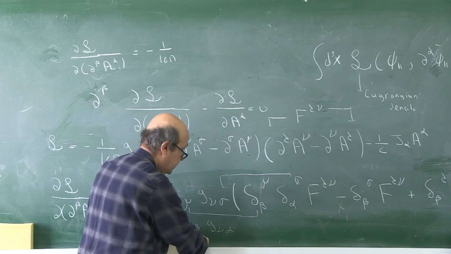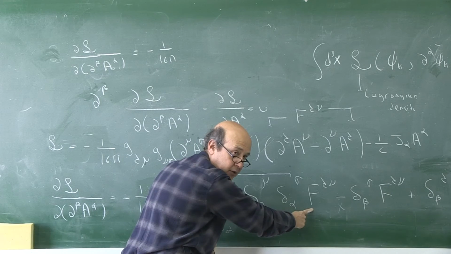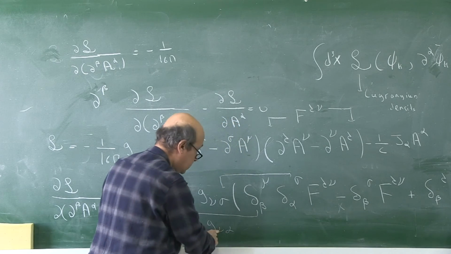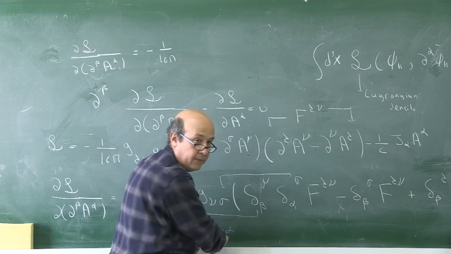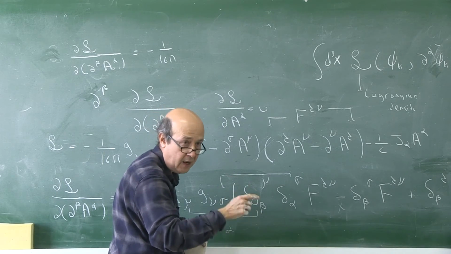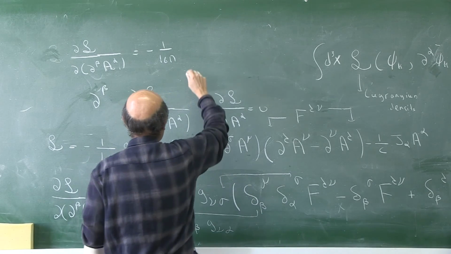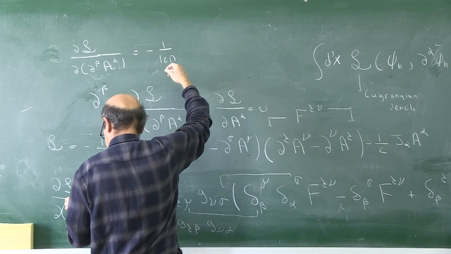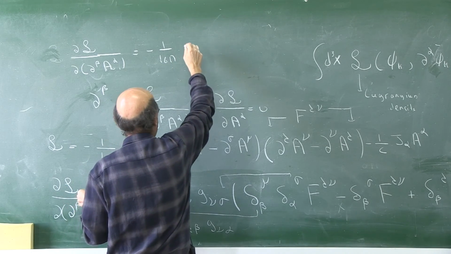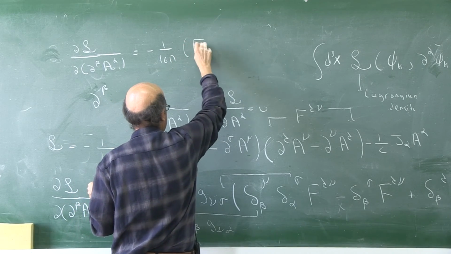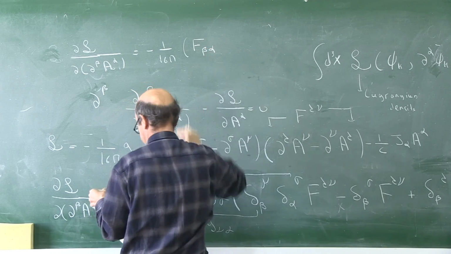Contract this one, that will be the f beta in the downstairs index, and contract mu and mu, that will be f beta alpha, but the indices will be down, so that will be f beta alpha.